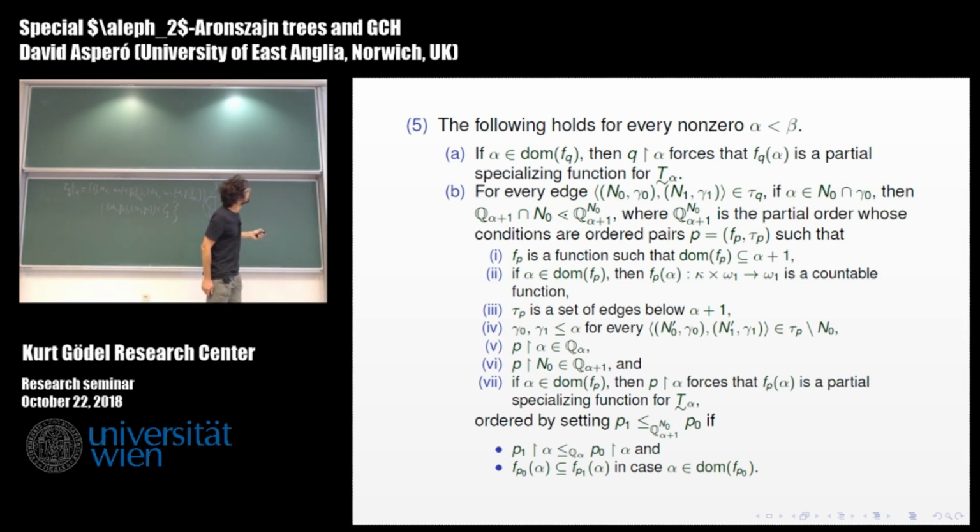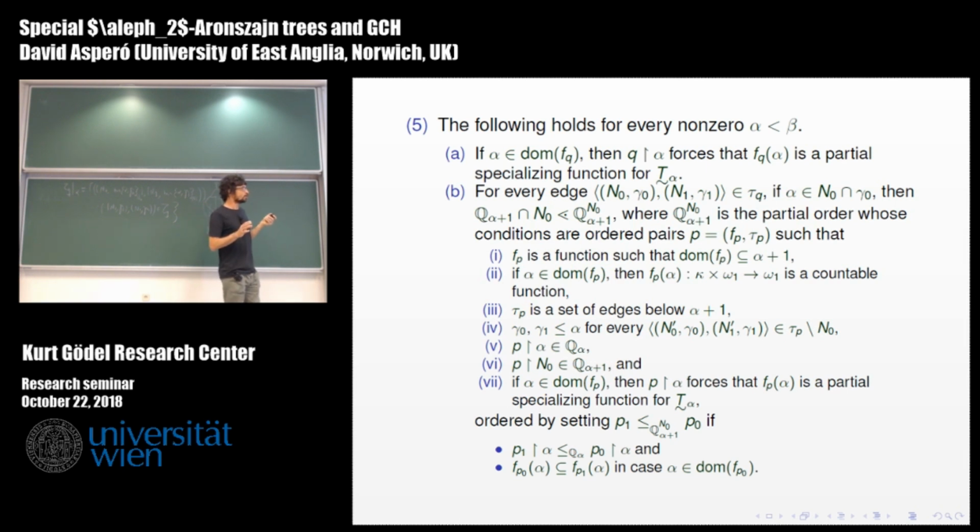But then also, if I have an edge in the condition in tau q, and alpha is in n0, below the marker, then I require that q alpha plus 1 intersection n0, so all conditions in q alpha plus 1 that are in n0, be a complete suborder of this other thing, something that I'm going to define now, which is some suborder of what morally should be q alpha plus 1.